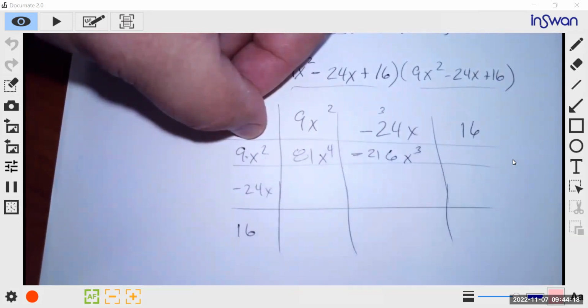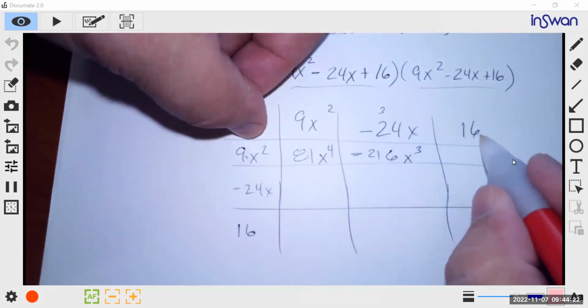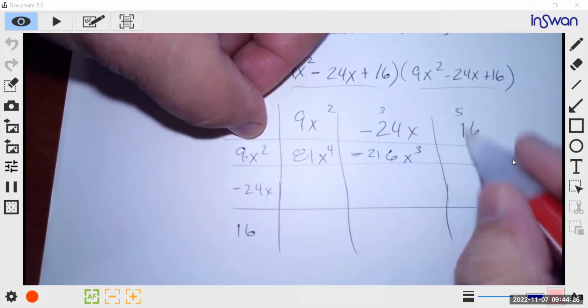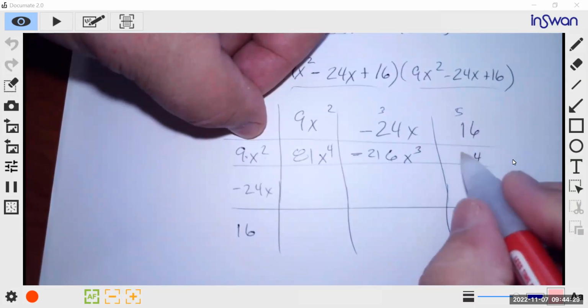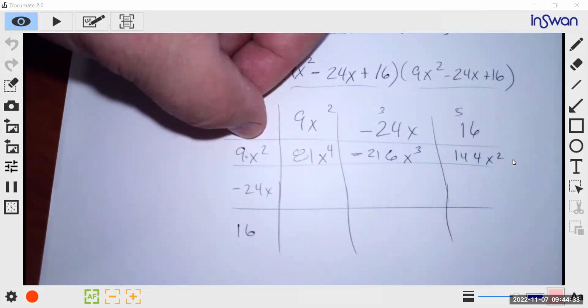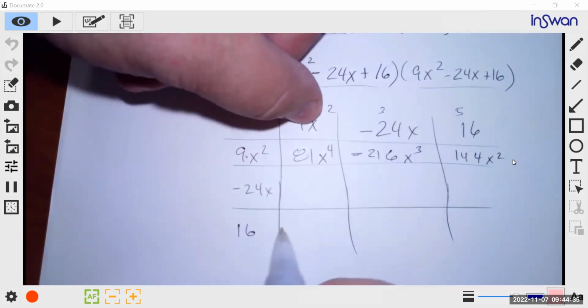X squared times x is x cubed. 9 times 6, 54. 9 times 1 is 9, plus 5 is 14. So I know that's going to be the same.